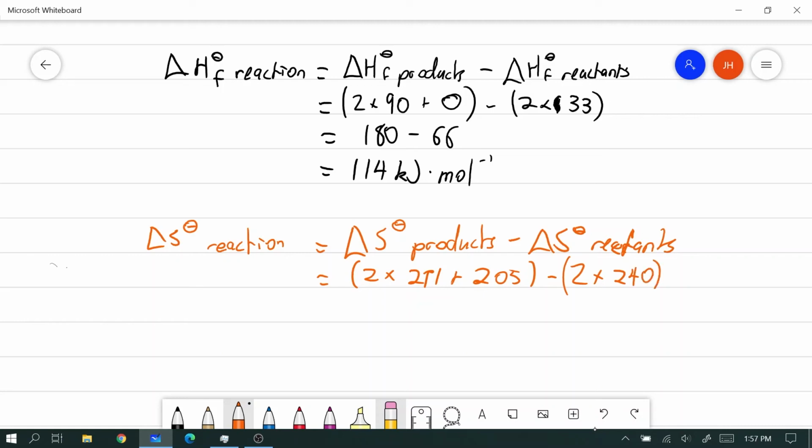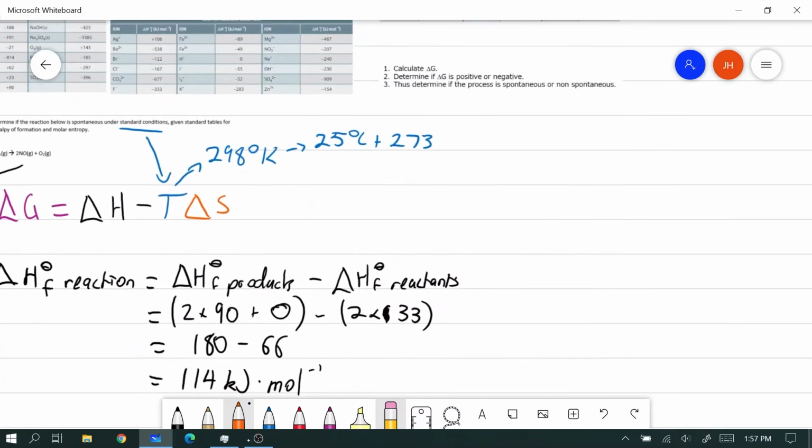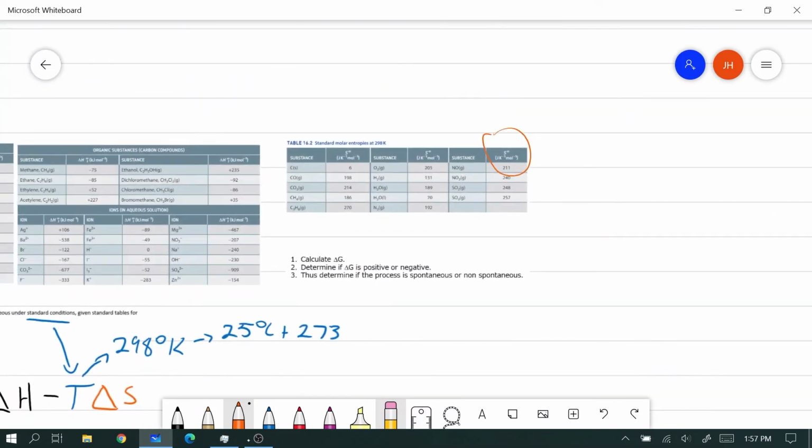So then when we go in and do the math, that's going to turn into 422 plus 205 minus 480, and that comes out as 147 joules per Kelvin per mole. Notice that the units are slightly different because they reflect an entropy. They are, as it says up here, joules per Kelvin per mole.